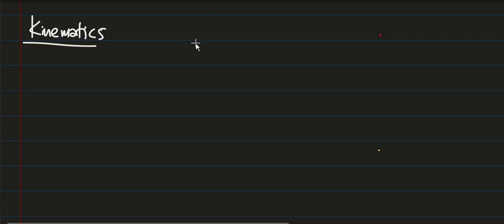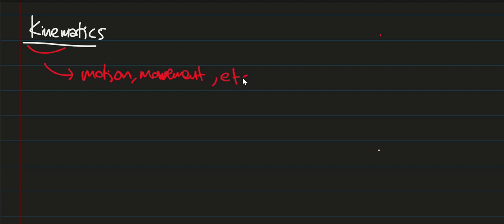In this video, I will show you how kinematics in physics is explained smoothly and carefully, for the beginner, of course, as the title of this video says. So what is kinematics? Kinema may mean motion, movement, and so on.